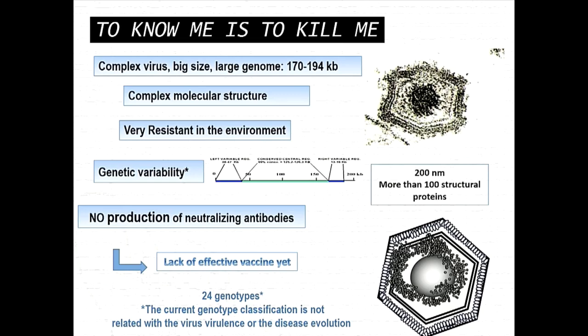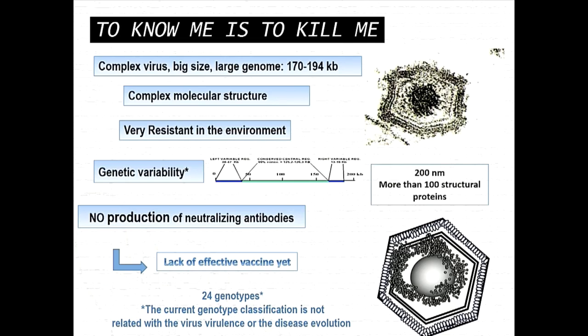The most important point also is that this virus doesn't induce neutralizing antibodies. As you know, most of the protection against viruses is because of the help of neutralizing antibodies. With this particular virus, we don't know the proteins that induce any neutralizing antibody. We don't find neutralizing antibodies.